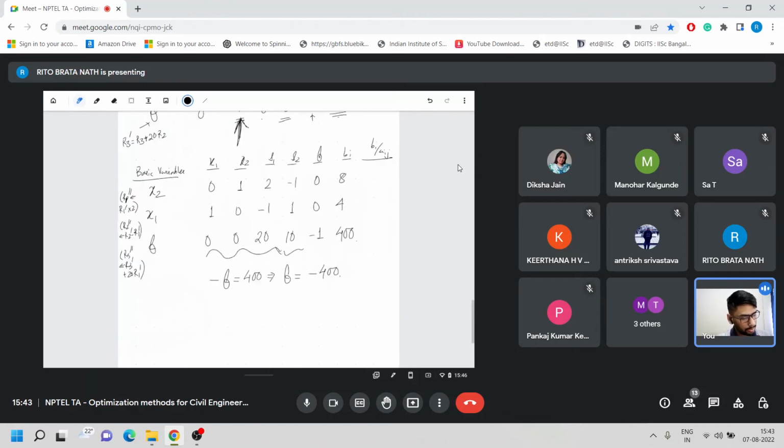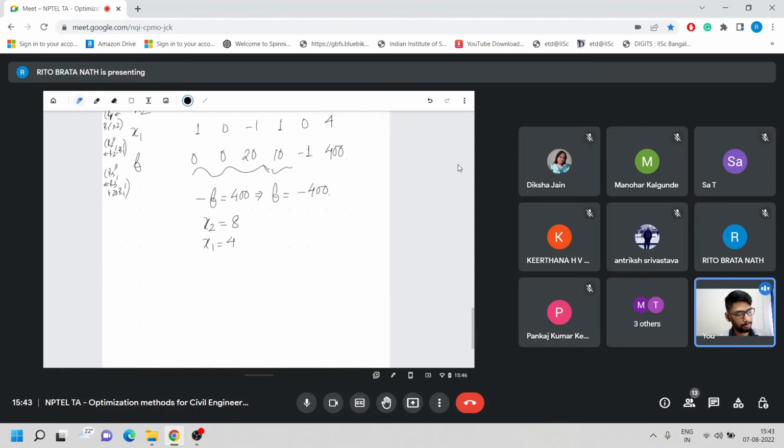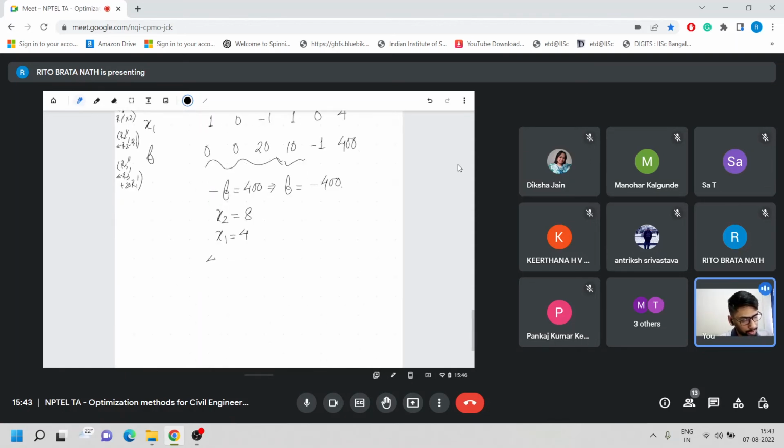From this first equation, you can get x2 equals 8. From the second one, you can get x1 equals 4, and your final objective function value will be z equals 8 times 30. So I think it's 400. So that matches with this one as well.